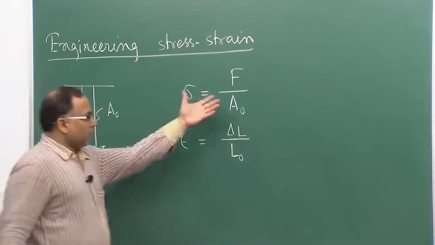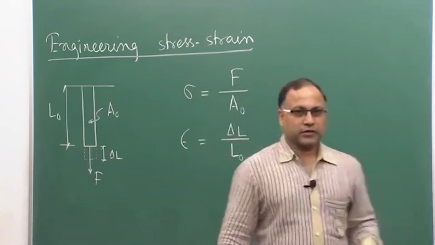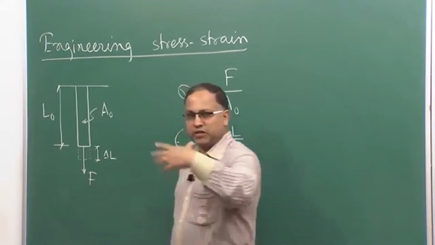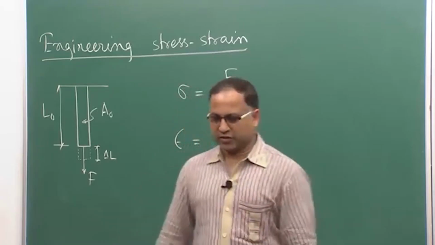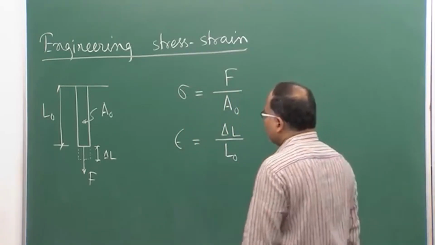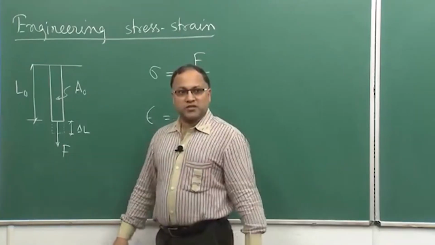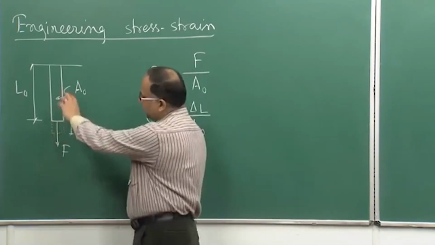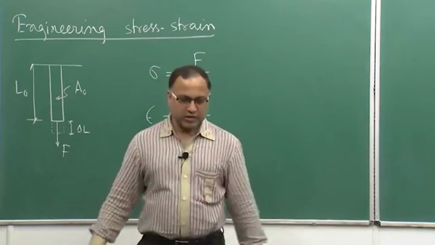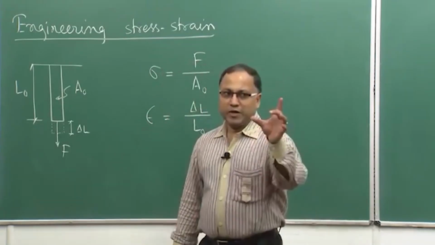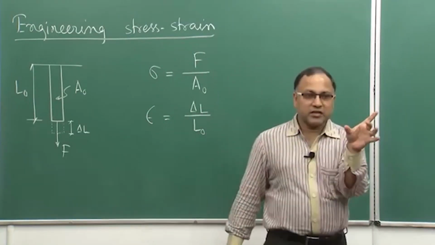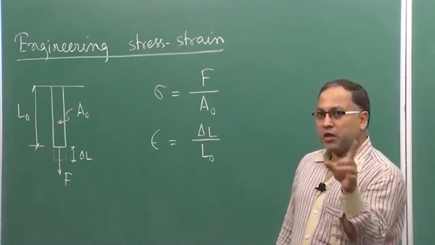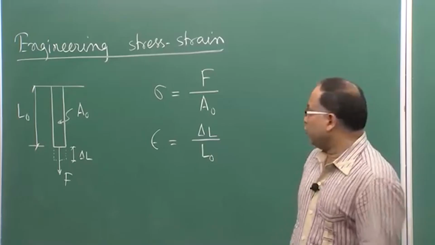Now, the way you are getting the stress tells you that we are not changing the force F during the experiment or during the test. However, as you know, due to the Poisson effect, when you are pulling it and getting some elongation in the member, you will be getting a reduction in the cross sectional area, A naught will be getting reduced, but that we are not considering.